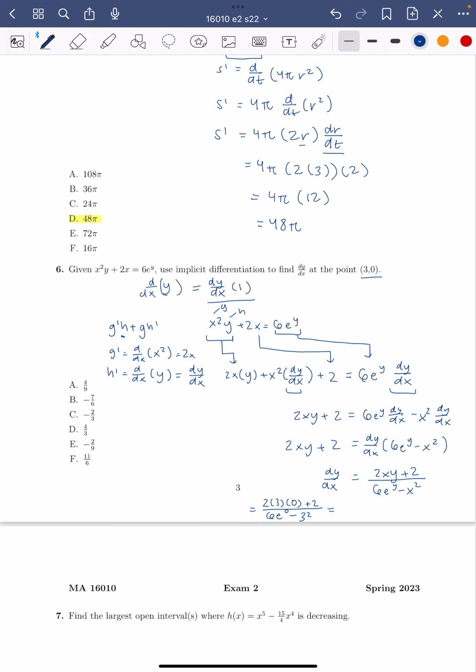The top would be 0 because y is 0, so the top would just be 2 over 6e to the 0. E to the 0 is 1, so 6 times 1 is 6, minus 3 squared is 9, so we get 2 over minus 3, or negative 2/3, or an answer of C.